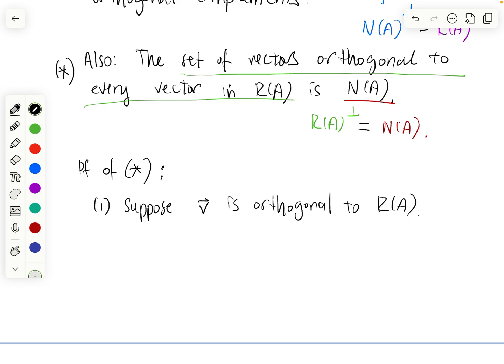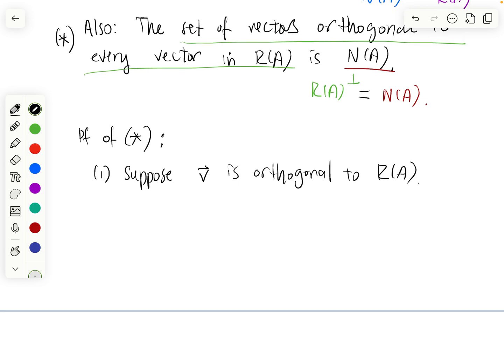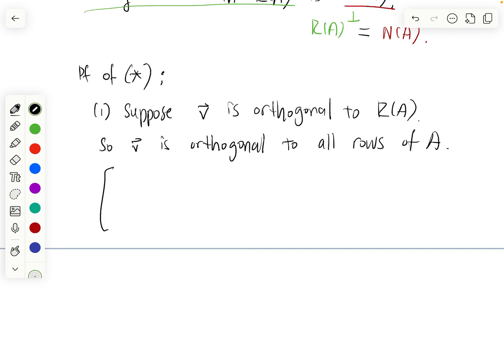Well, orthogonal to the row space of A means orthogonal to every vector in the row space of A. If V is orthogonal to every vector in the row space of A, then it must be orthogonal to the rows of A, because the rows of A are in the row space of A. So V is orthogonal to all the rows of A. Let's say you have this matrix A. It's going to have some rows: the first row, the second row, all the way to the mth row.